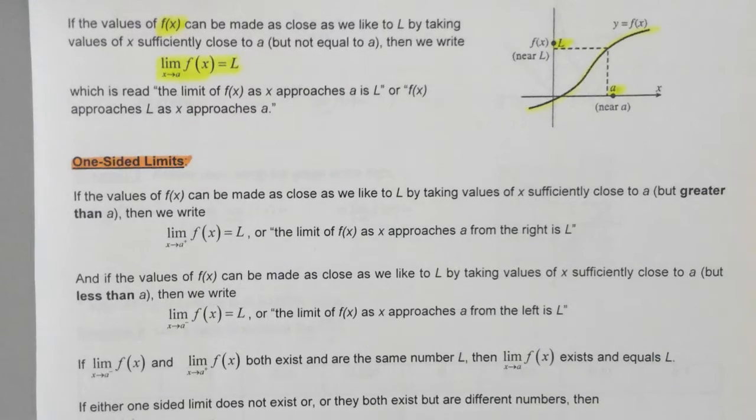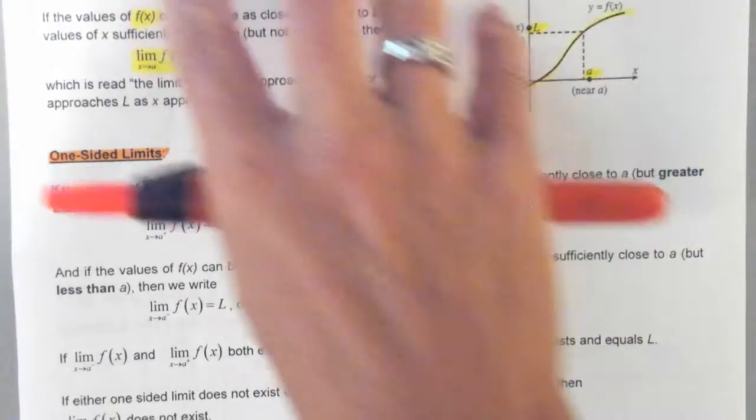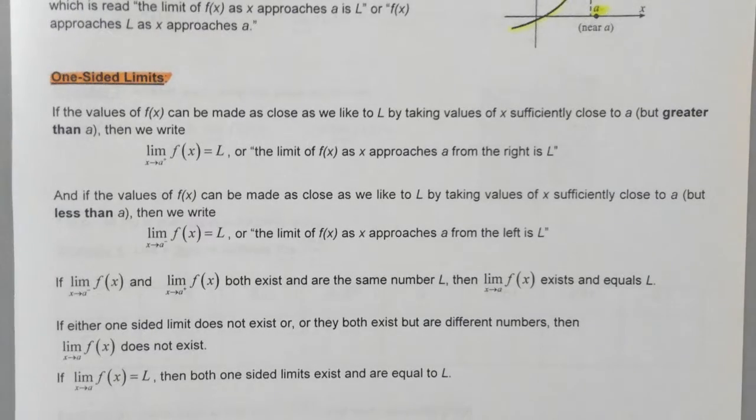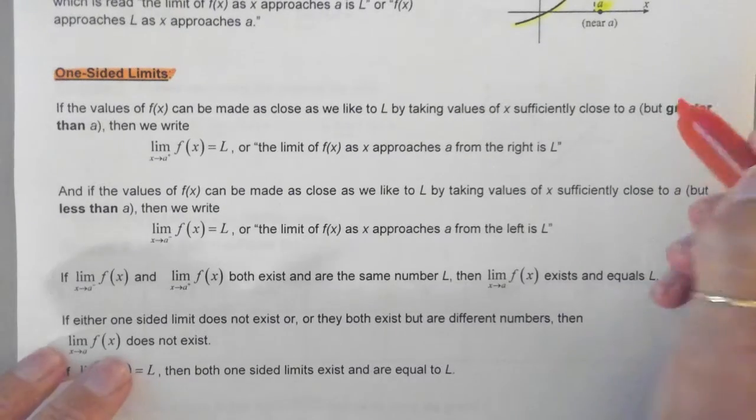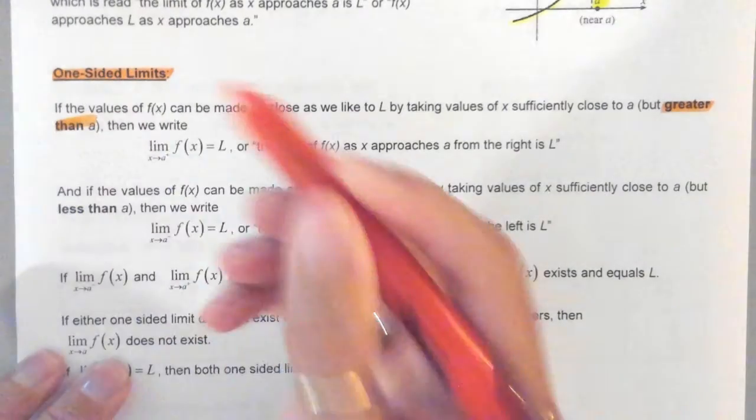Okay, so with respect to the right-handed limit, if the values of f of x, meaning our function, our graph, can be made as close as we like to a given L value by looking at x values that are sufficiently close to a given A, but greater than, meaning from the right. So we're looking at greater than.